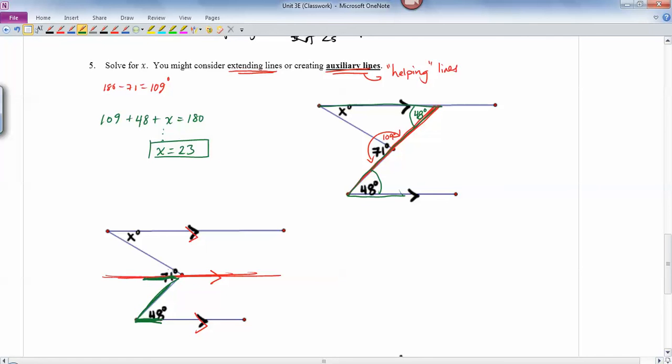There's a Z shape with the top and bottom parallel. So this one's 48, this one's 48. So if I do 71 minus 48, I'll get 23 right here. And then if I create another Z, or backward Z, right there, well, top and bottom are parallel, and if this one's 23, then that one's got to be 23. So there's another way of doing it. I'll show you one other one.